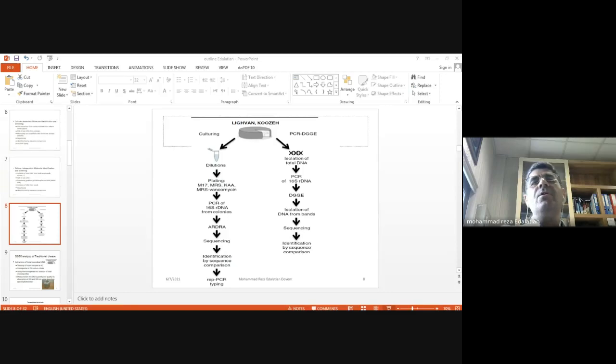As you can see, this picture shows a NanoDrop spectrophotometer, which is used for measuring the quantity, quality and purity of the extracted DNA at these 2 wavelengths, 260 and 280 nanometers.